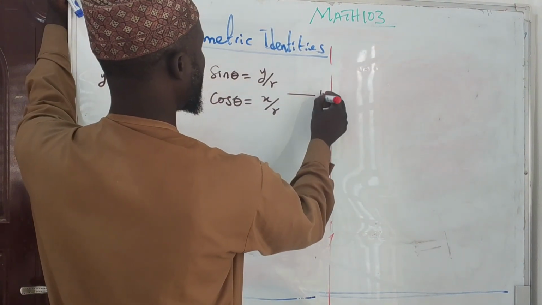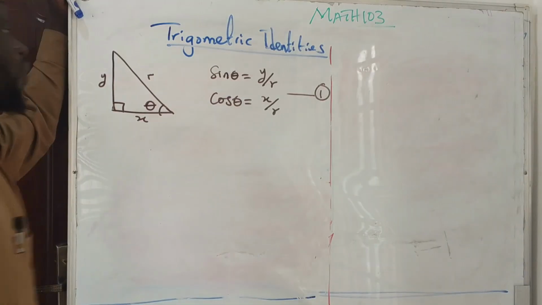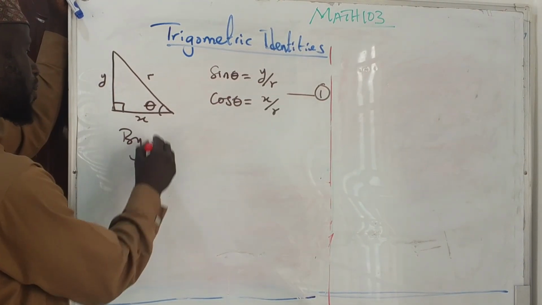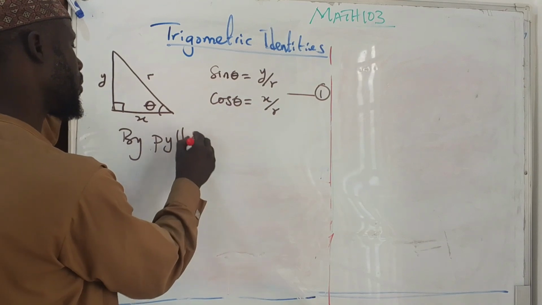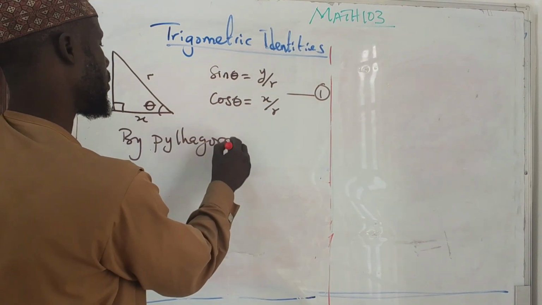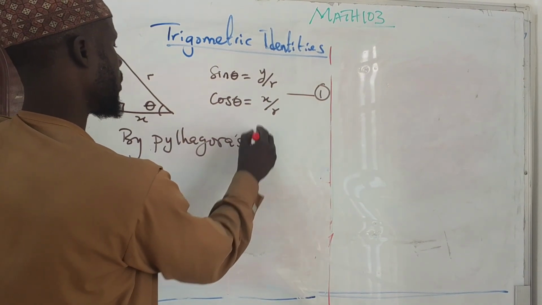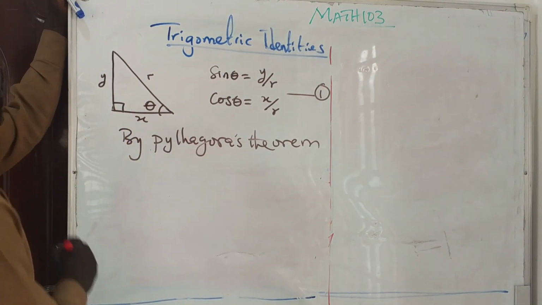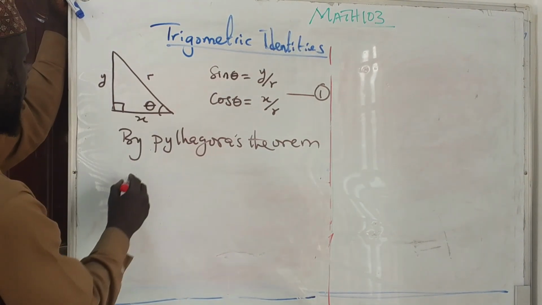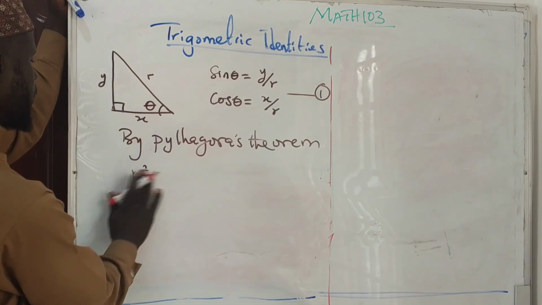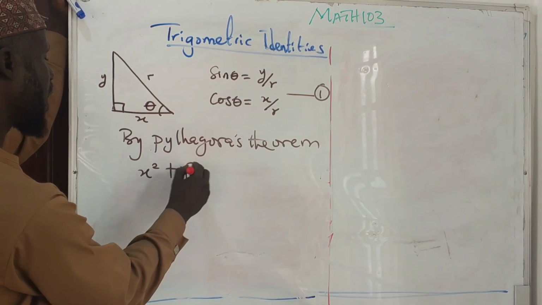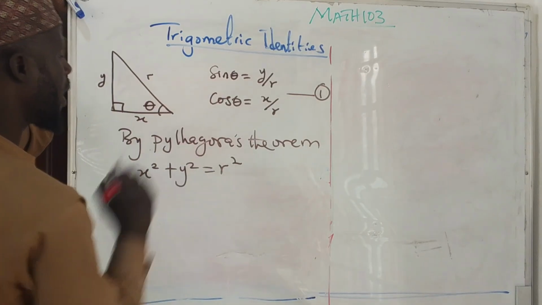Call this equation 1. But we know by Pythagoras theorem that x squared plus y squared is equal to r squared.